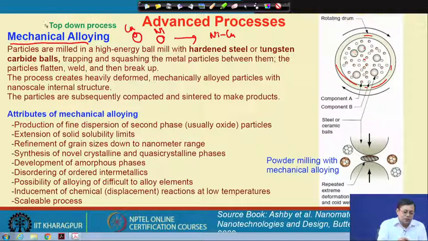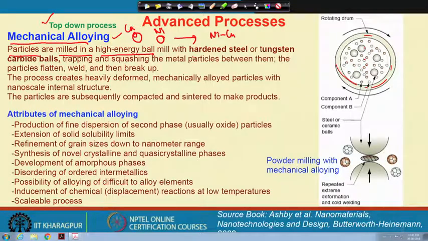So, in a top down process using this mechanical alloying technique, the particles are milled using some high energy ball mill. The ball mill consists of a rotating disc where some vials or containers are placed, and the initial powders with a larger size are placed in those vials.